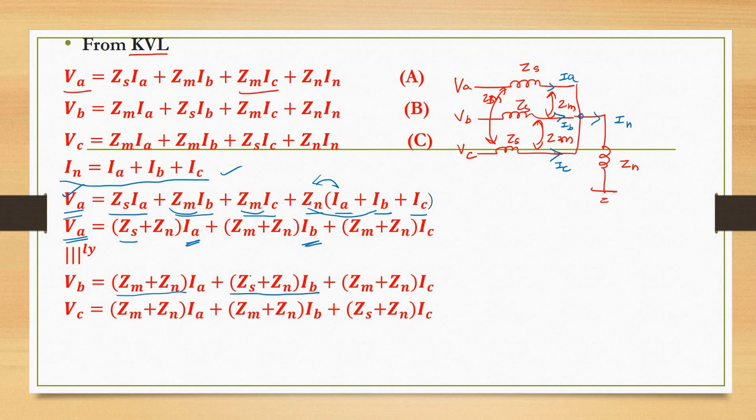The center one, self-impedance Zs plus Zn into Ib. Then the last one is Zm plus Zn into Ic. Then what is Vc? Zm plus Zn into Ia plus Zm plus Zn into Ib plus Zs plus Zn into Ic. These are the voltage equations obtained for the star connected load.